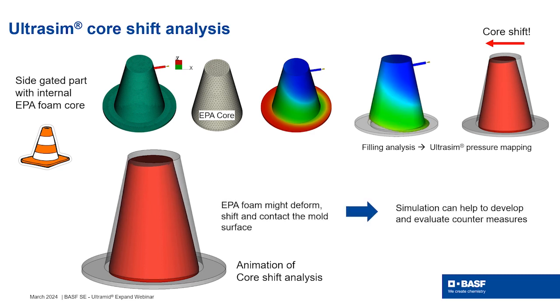The good thing is, as you can see with that simulation, we can simulate it by using the pressure that we have analyzed during a filling injection molding simulation. Then we can load that pressure onto the core and see how much it deforms. So the simulation can help to develop and evaluate countermeasures if the deformations would be too high.